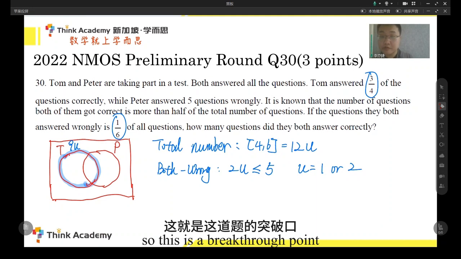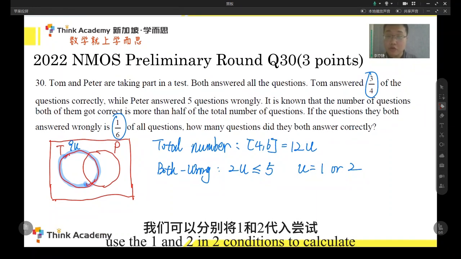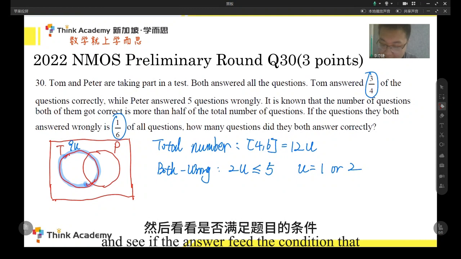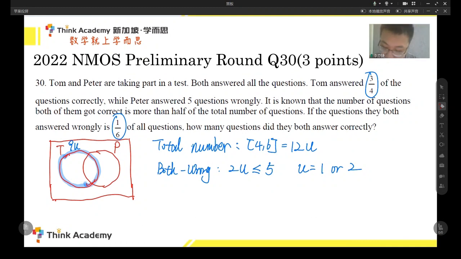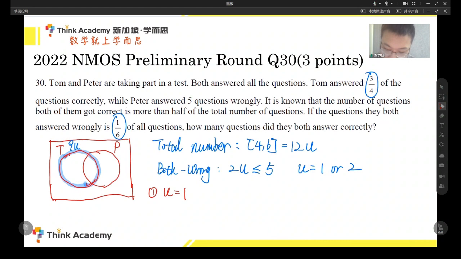So this is a breakthrough point. Now we can use 1 and 2 in 2 conditions to calculate the include-exclude problem and see if the answer fits the condition that both correct is more than half. Okay? So first, if u equals 1, let's see.